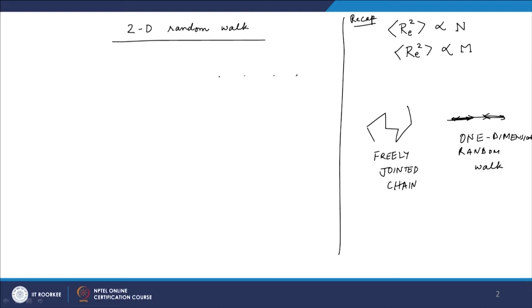Think of an arrangement of points which is known as a 2D square lattice. Now again we can start thinking in terms of steps which are uncorrelated with each other, but now the steps can be either in the x direction or in the y direction.